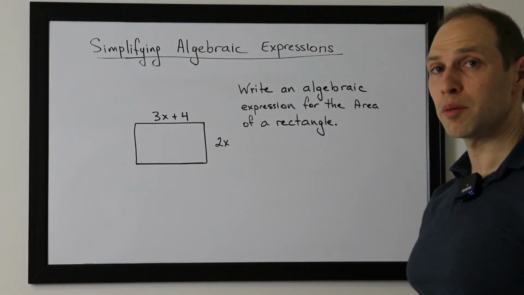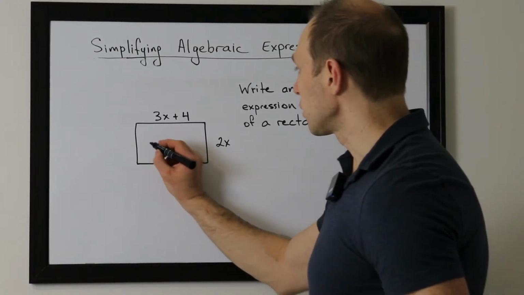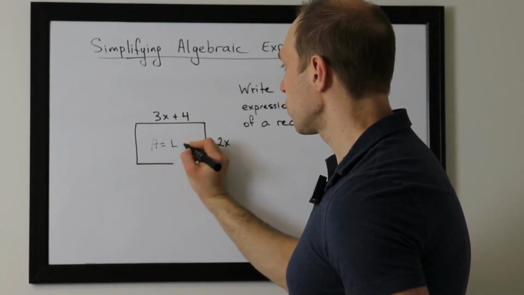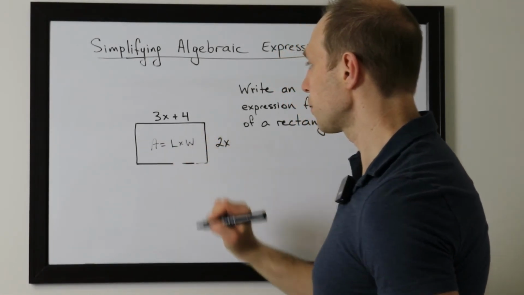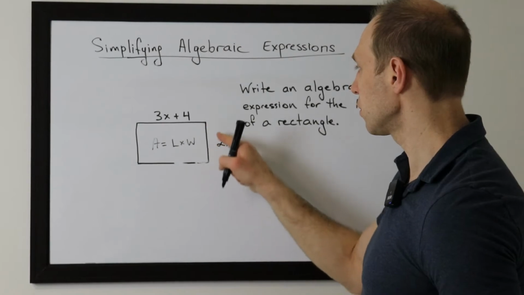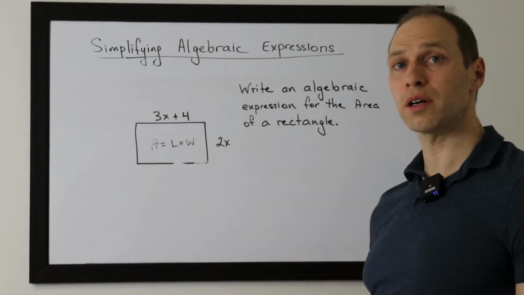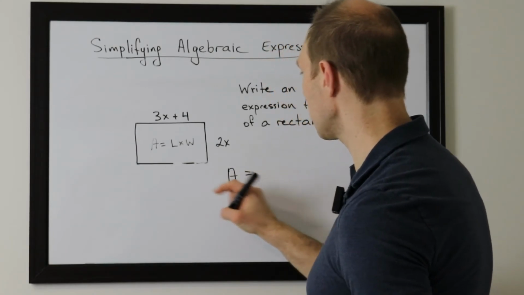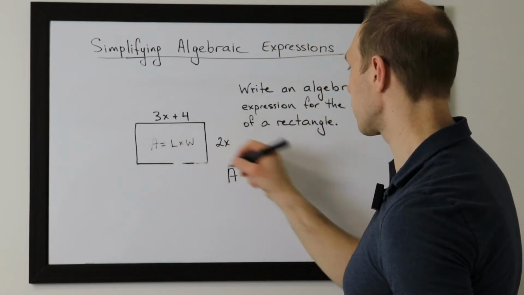We have to keep in mind that the equation for the area of a rectangle is area equals length times width. Our length is here, this is our width. All we have to do is plug in the numbers. We write this again, except instead of length, we're going to put 3x plus 4.